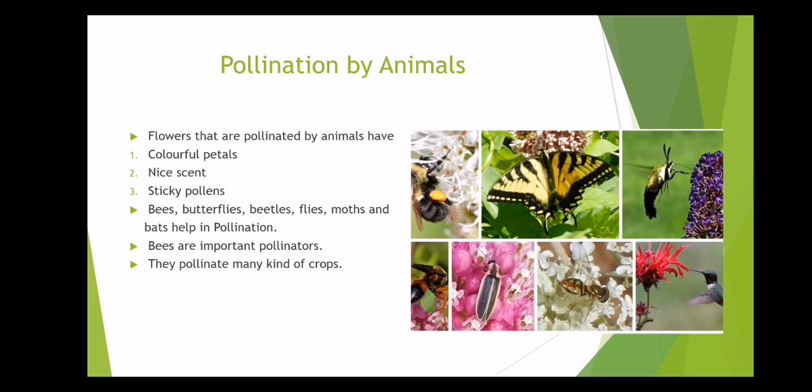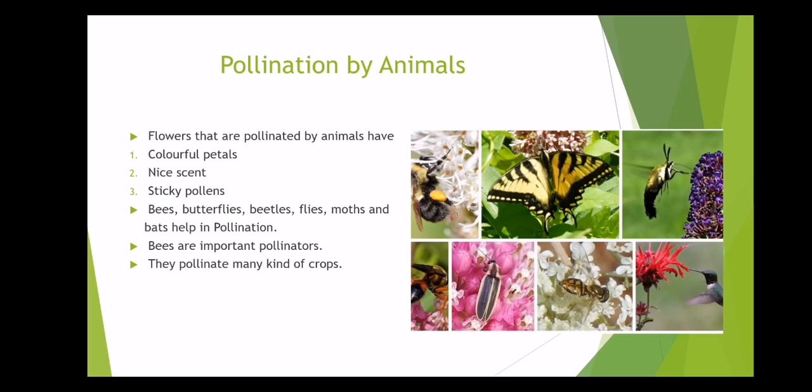Here are some animals that act as pollinators. First of all, let me tell you what a pollinator is. A pollinator is an agent by which the process of pollination takes place.